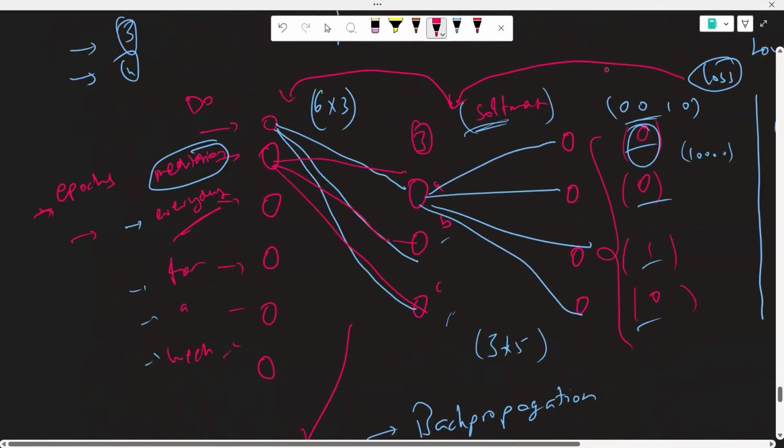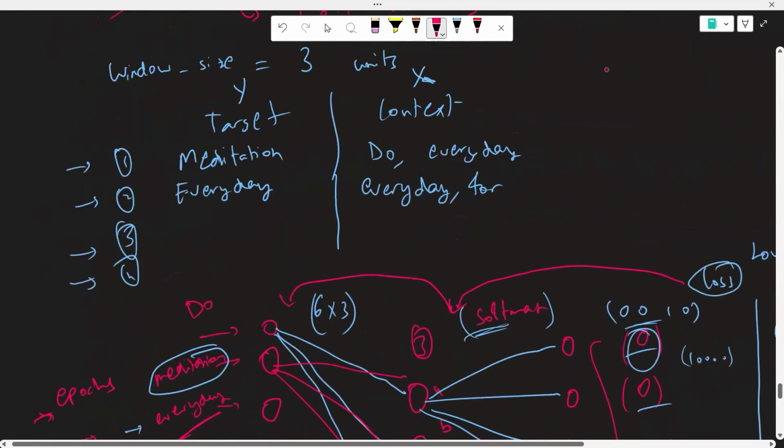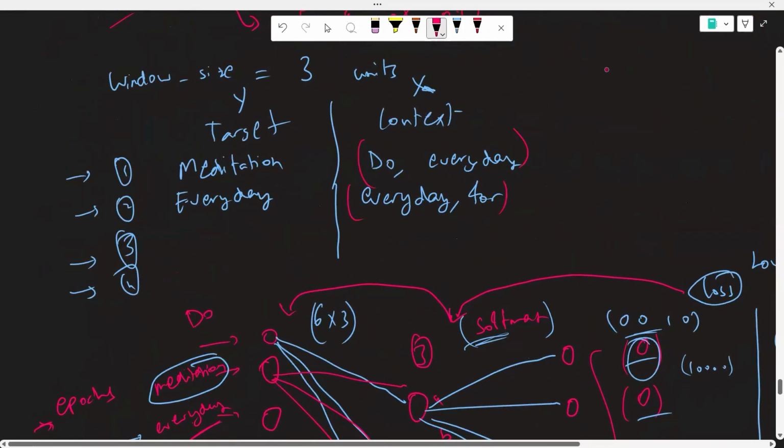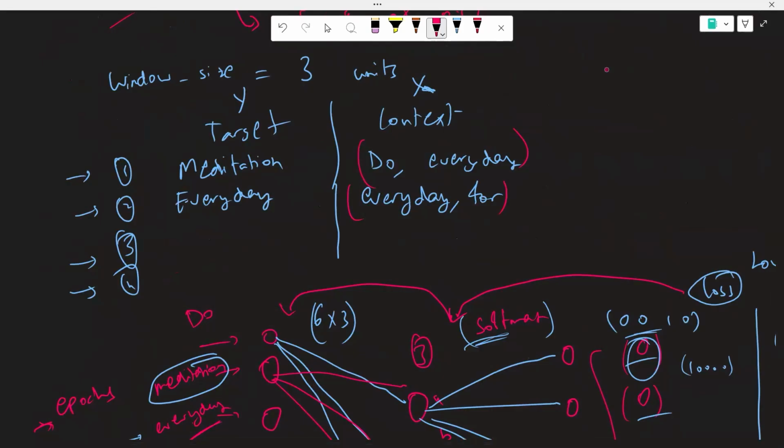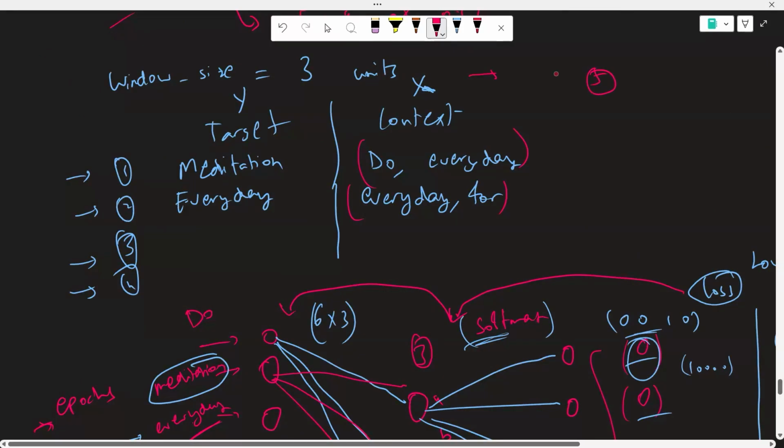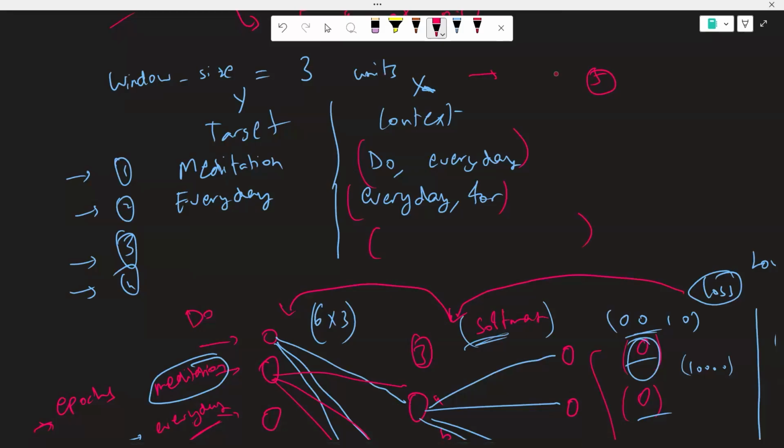Instead of taking unigrams, you can have bigrams. For 3, you are taking two-word combinations. If I increase it to a window size of 5 units, one word will be the target and 4 words will be context. So I will get to see the relationship between 4 words, A, B, C, and D. So you can play around with this.